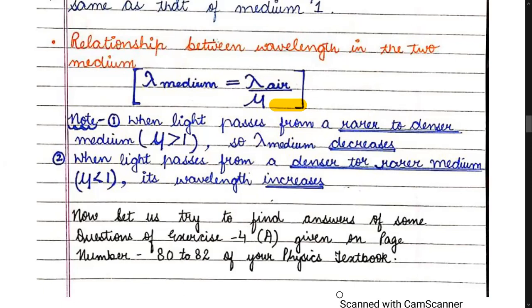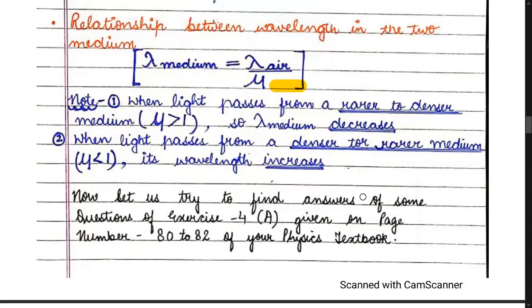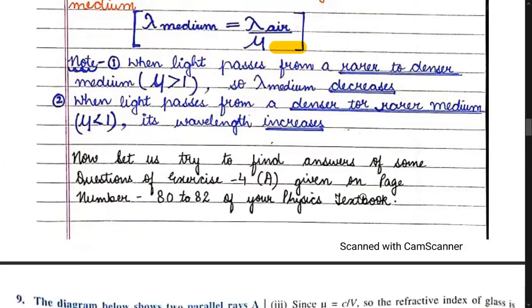So students, note that when light passes from rarer to denser medium, the refractive index will be greater than 1. Why? Because the light is going from rarer to denser medium. So wavelength will decrease.